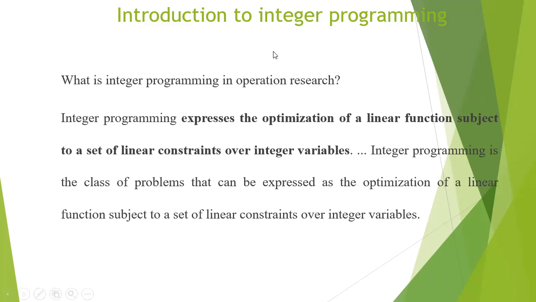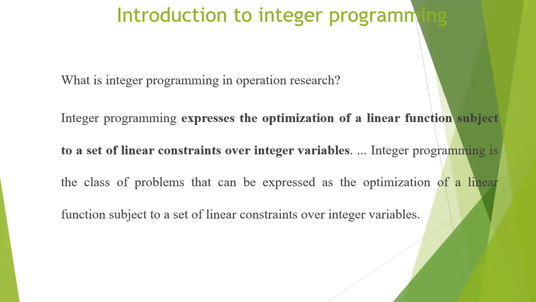The next topic, other than replacement problems, is integer programming. First, we have learned in our course about linear programming. In linear programming, we deal with equations with a single variable or maybe two or three variables, but they are of the linear type, so they are called linear programming problems.